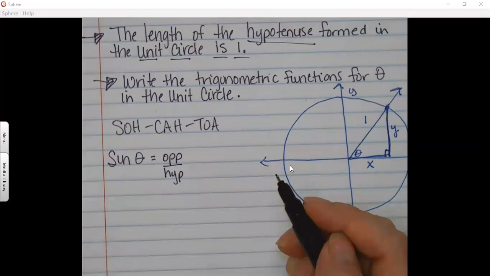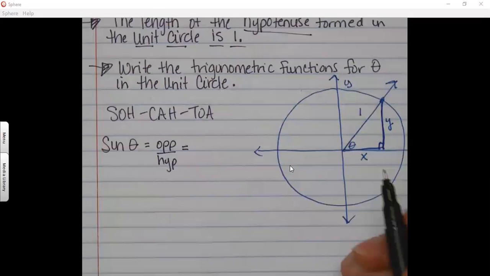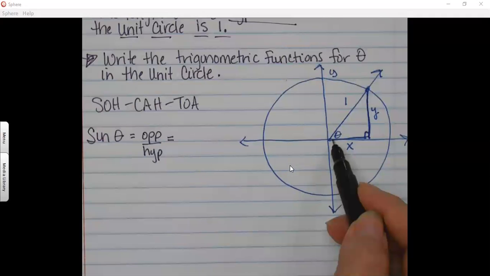So in this unit circle, what is the measure of the leg opposite of theta? Y, because the leg opposite of theta is Y. What's the measure of your hypotenuse? 1. That's all we know, right? Well, what's Y divided by 1?